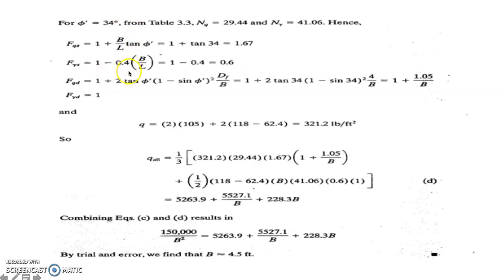Then you get the capacity factors. After you have computed, you can solve for our effective surcharge and compute our allowable load. And you have this unknown B, which is the size of the foundation.